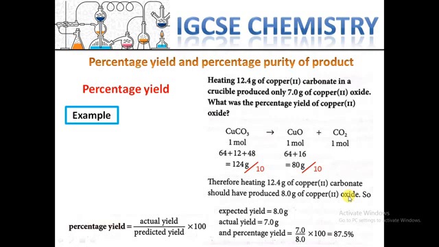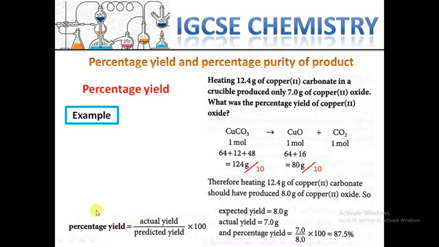Okay, means if we divide by 10, 124, that means we can get 12.4 gram copper carbonate, and if we divide by 10 we can get 8 gram copper oxide. Okay, this is the same ratio, no different, but we are going to have this lower number.